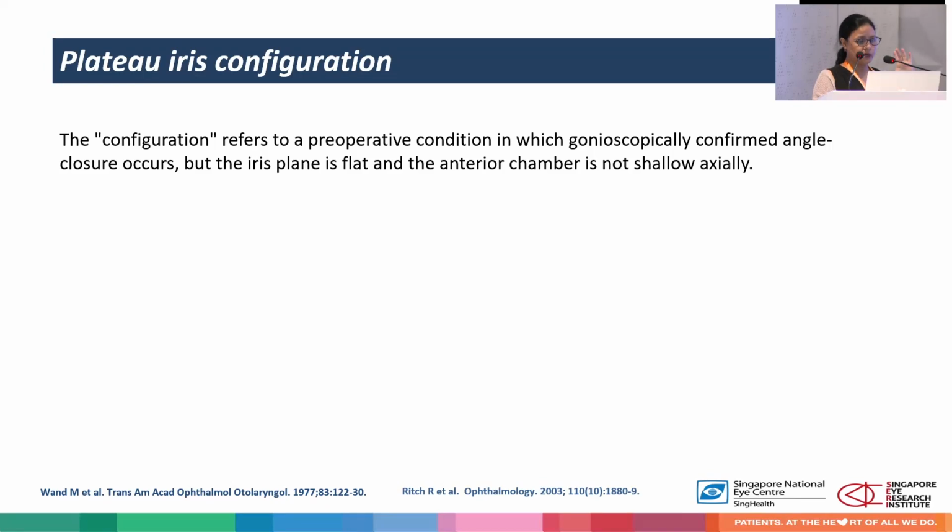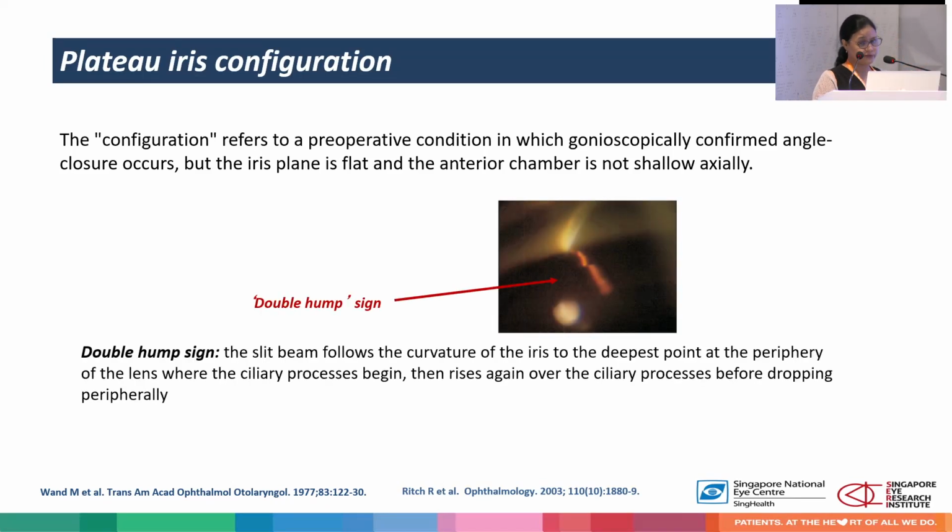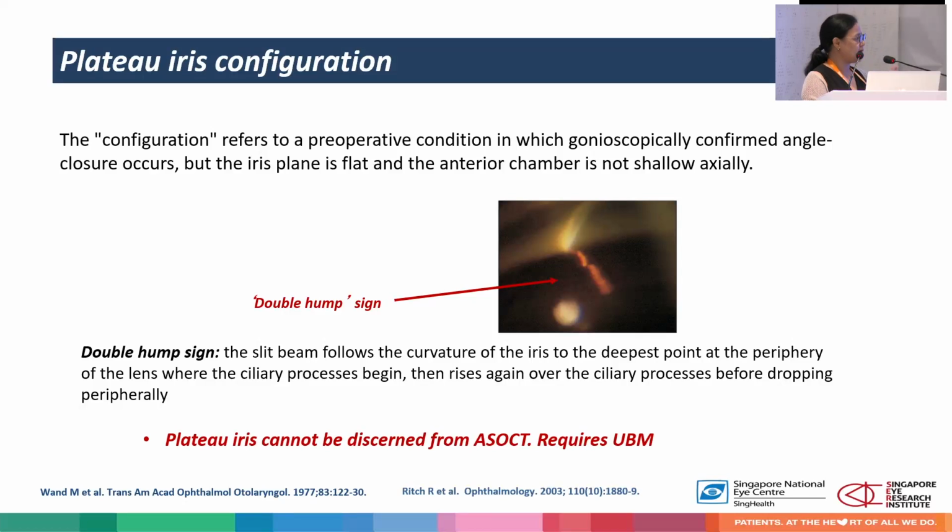Plateau iris configuration is diagnosed gonioscopically as the presence of occludable angles with a flat iris plane and a centrally relatively deep anterior chamber. And the hallmark of gonioscopic diagnosis is the presence of a double hump sign. However, I'll talk of the imaging modalities for identifying plateau iris on UBM.